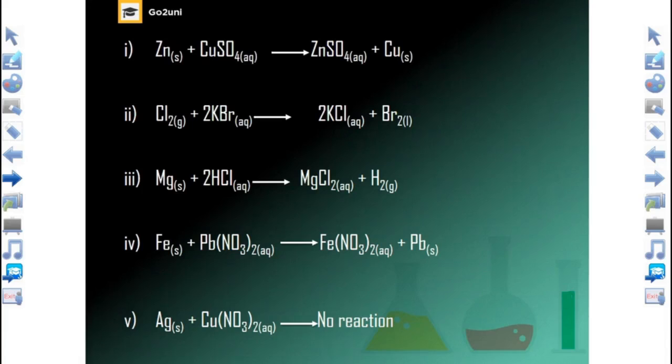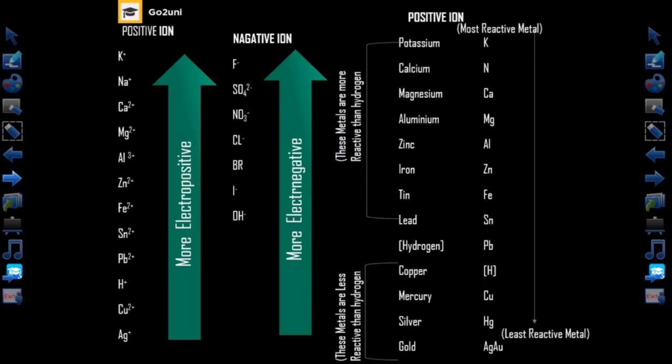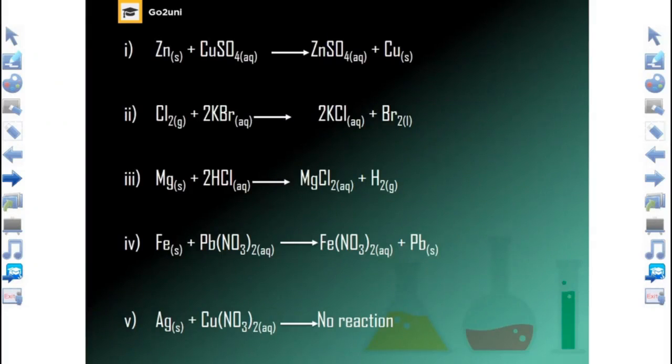Silver plus copper nitrate, and the result is no reaction. The question is, why is it no reaction? Looking at the electrochemical series, copper is higher than silver in the electrochemical series. So for that reason, when silver comes into reaction with any copper salt solution, there will be no reaction because silver lacks the strength to displace copper, since copper is higher than silver in the electrochemical series.